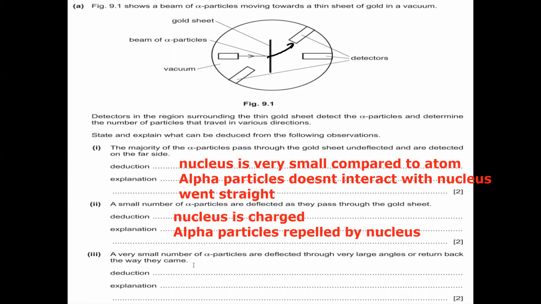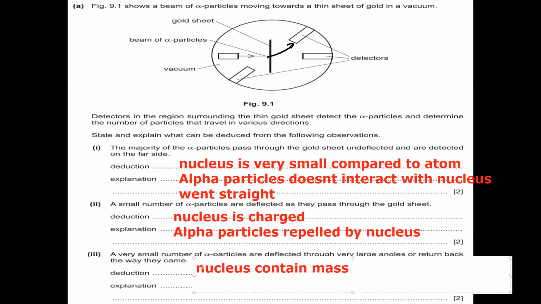And the third one, very small number deflected through a large angle. So what does it show? It shows the mass is present in the nucleus. Nucleus contains a mass. And the alpha particles hit the nucleus or interact with the nucleus, or alpha particles are directly moving towards the nucleus.